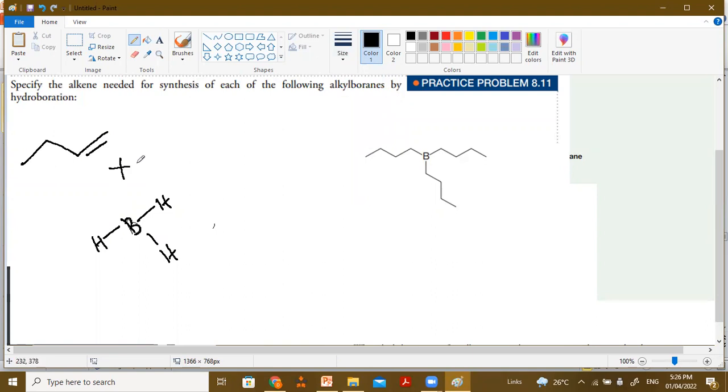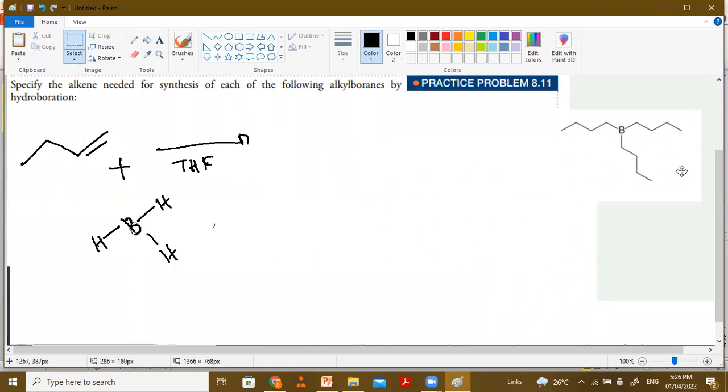So you have that, of course, in the presence of your solvent THF. So what happens is that in the first process, you'll actually need 3 moles of this to get this one. Okay, so what happens is that we'll just label the hydrogen.